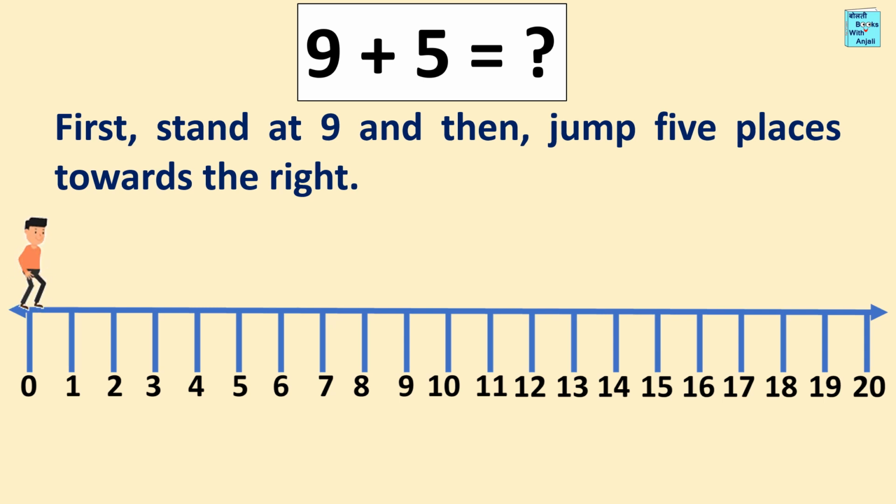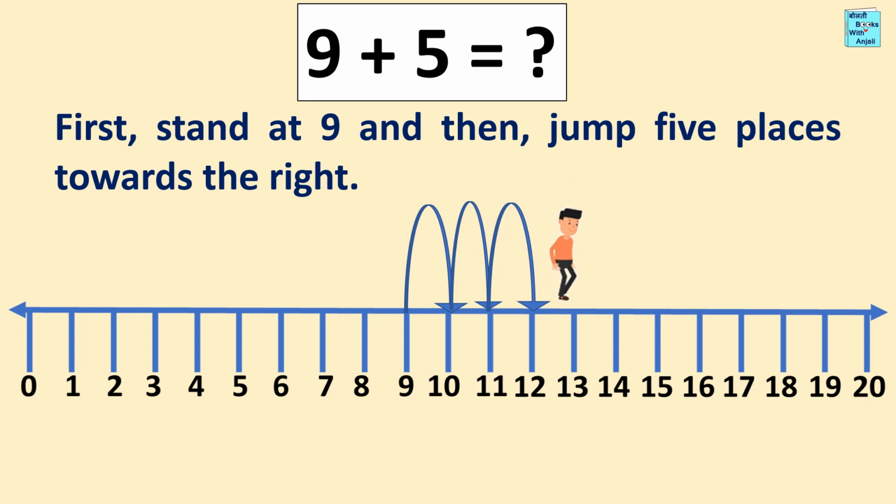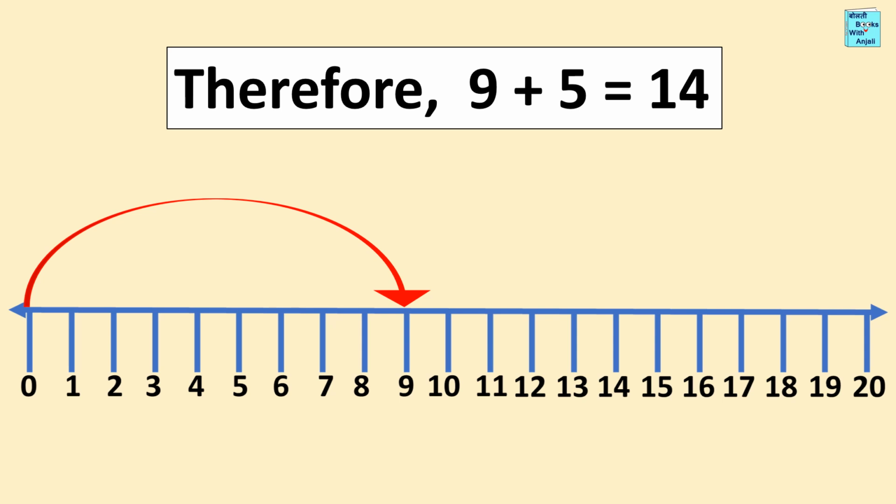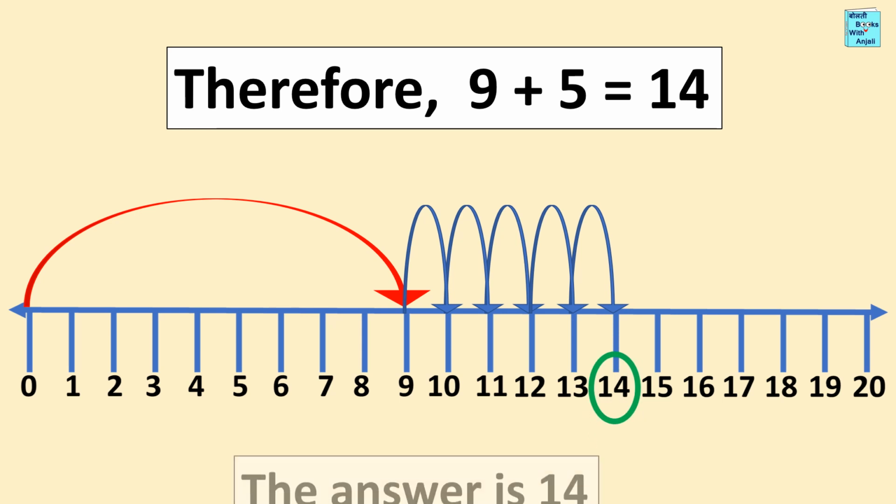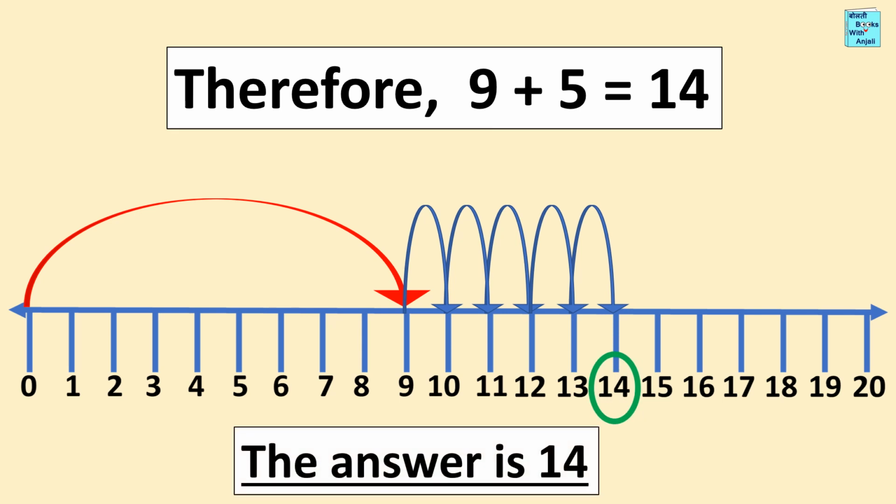Since we are adding, the person will jump towards the right hand side. When there is addition, on the number line we move towards the right hand side. Answer will be 9 plus 5 is equal to 14.